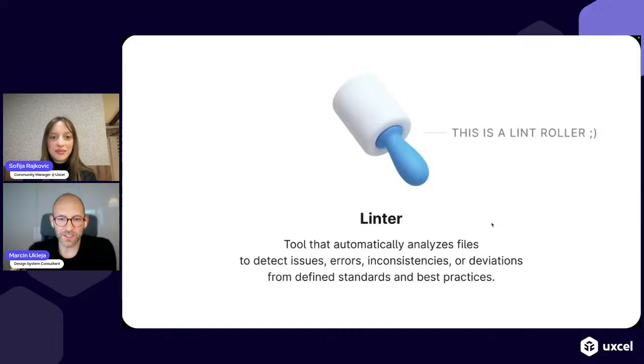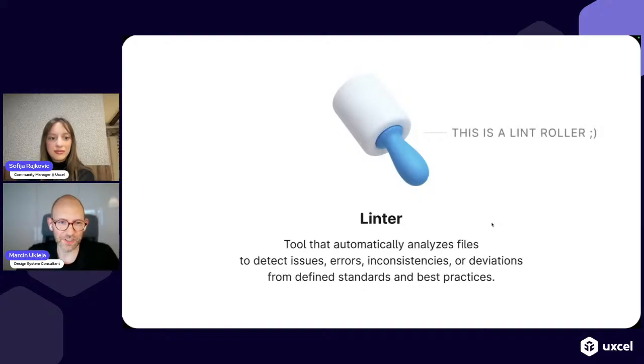And linters are the tools that automatically analyze files and find some warnings, some issues there. Of course, we have to define some standards, what we want to be checked, and then we have this kind of linter tool, and a lot of developers use it. There are also some default linters that check our code that way.